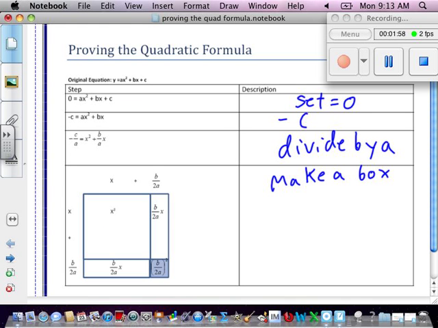And we took half of b over a, the coefficient of x, and found the missing box.